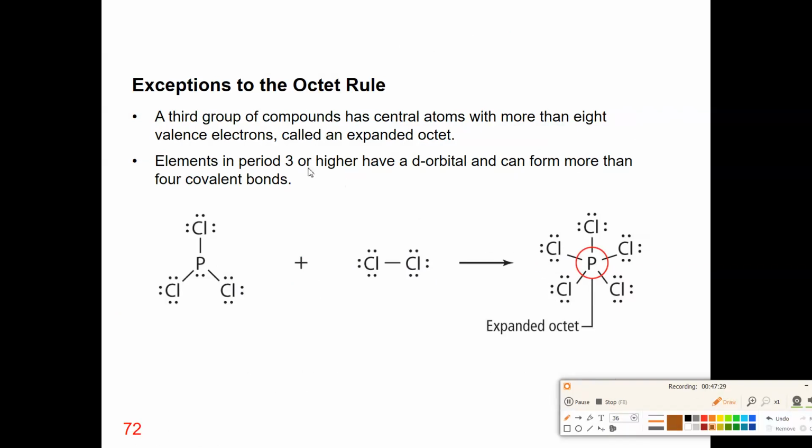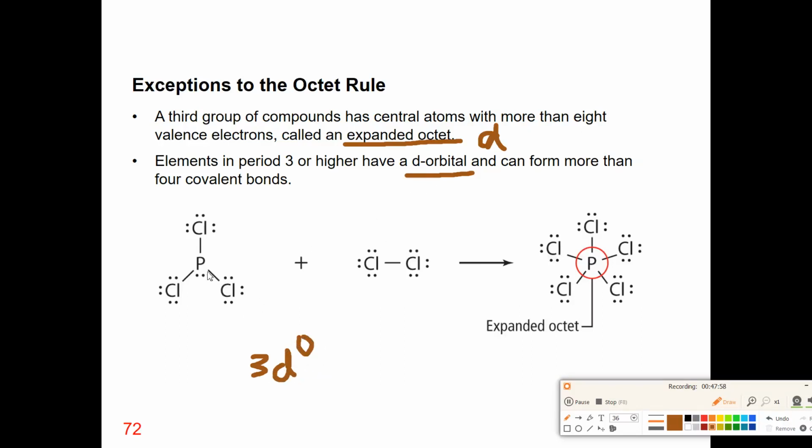Sometimes we can have an expanded octet. However, this only happens in period 3 and beyond, so only for elements with a d orbital. Phosphorus has an empty d orbital. For phosphorus, 3d is empty, with no electrons in the 3d orbital.